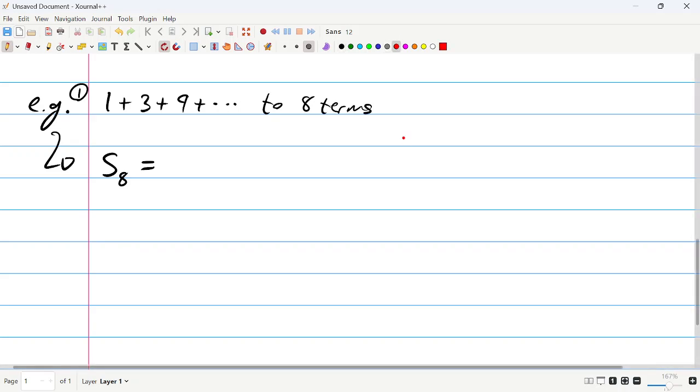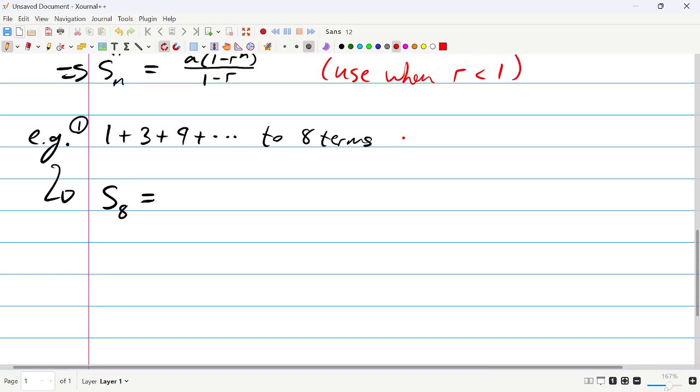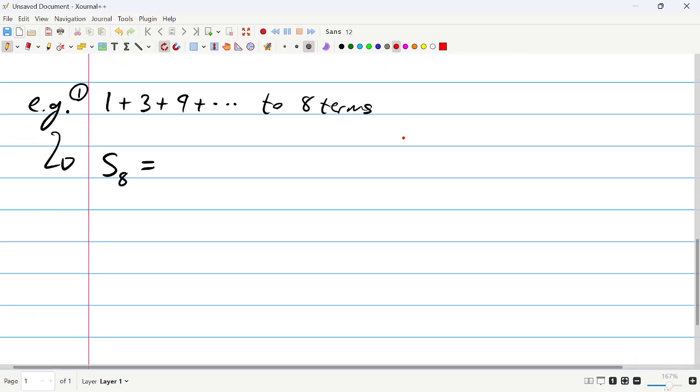Because of our ratio, how do we find our ratio? In order to find our ratio, instead of saying T2 minus T1 and whatnot, we will say T2 divided by T1 is equal to T3 divided by T2. So instead of minus, it's now divided by.